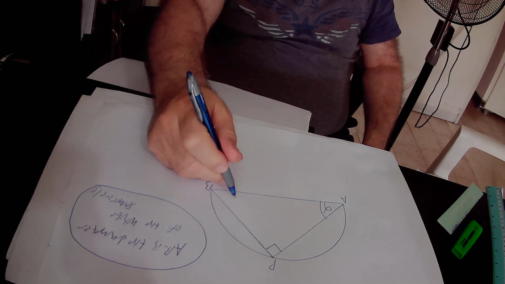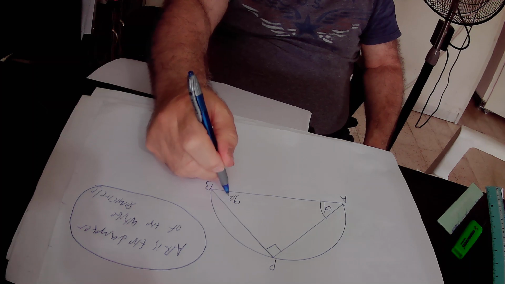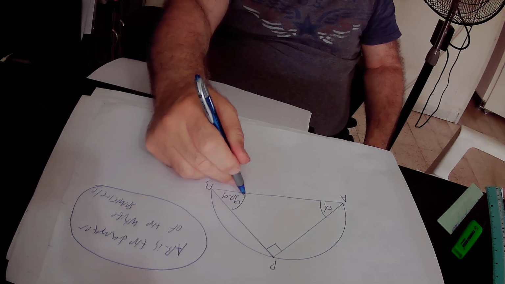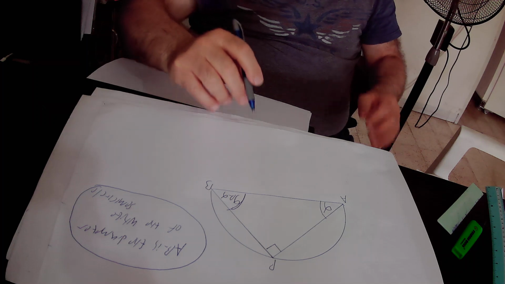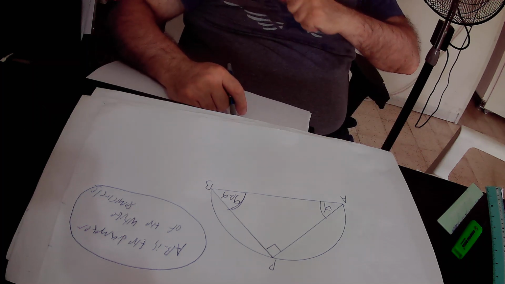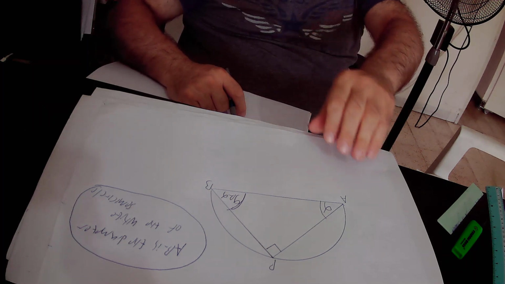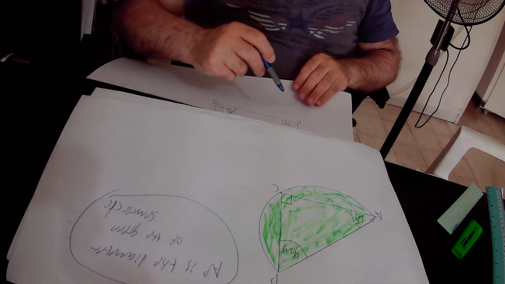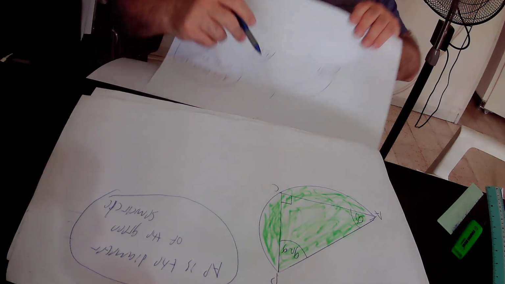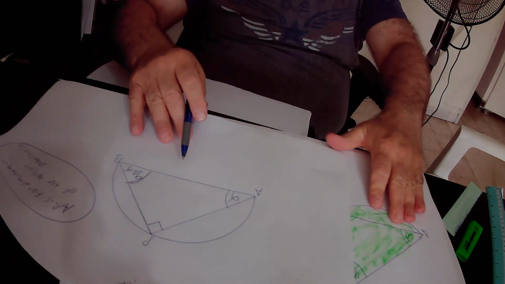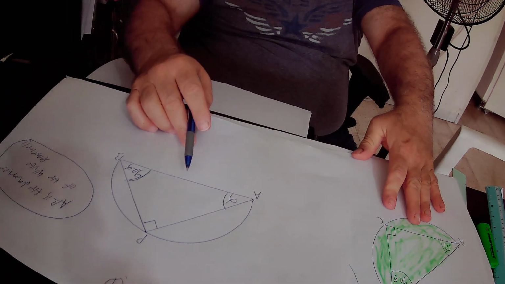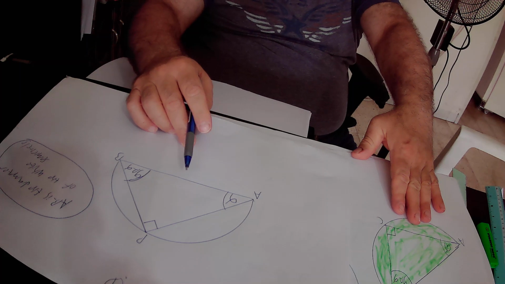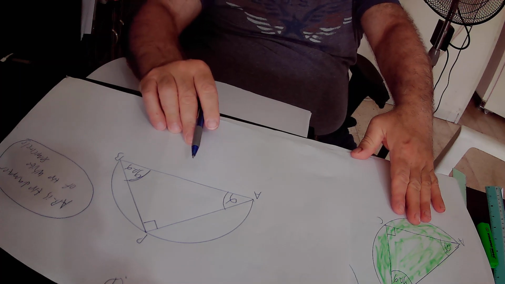Therefore, the missing third angle here must be equal to 90 degrees minus alpha. So in the next step, I'll copy this right triangle APB with this right triangle APC in your page, and we'll prove that those two right triangles are similar to each other according to the angle similarity rule.